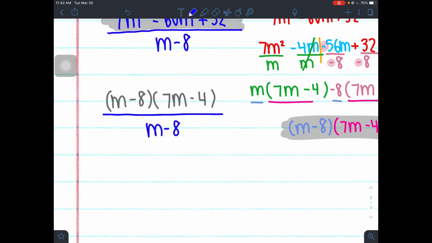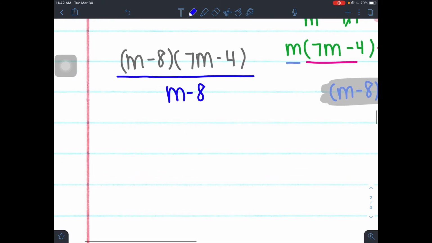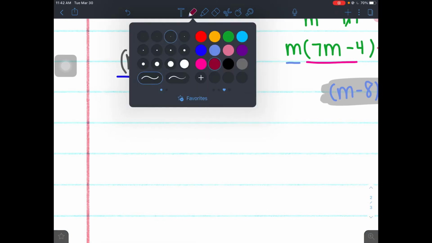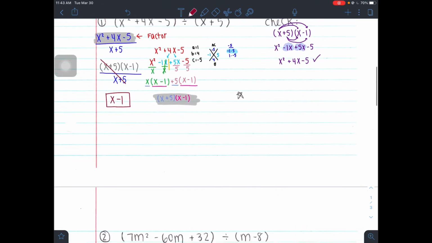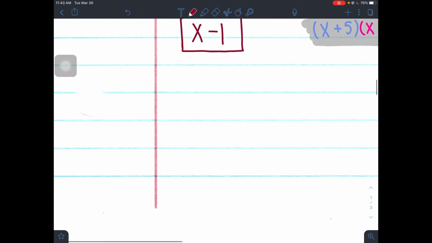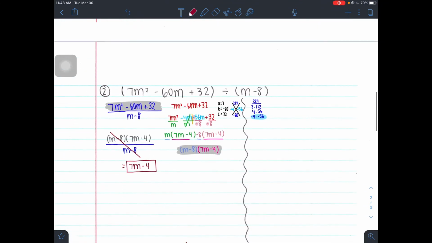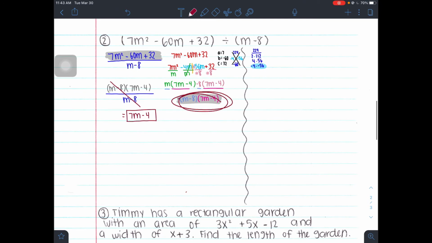Now remember, this step is called the reduced step. So you're going to cancel out what they have in common. M minus 8 is what they have in common. So it's going to simplify to 7m minus 4. No, you don't have to write the parentheses anymore because it's all by itself, so you're all good to go there. All right, and again, you could check this if you wanted. If you were to multiply both of these out, you should get out this guy here.